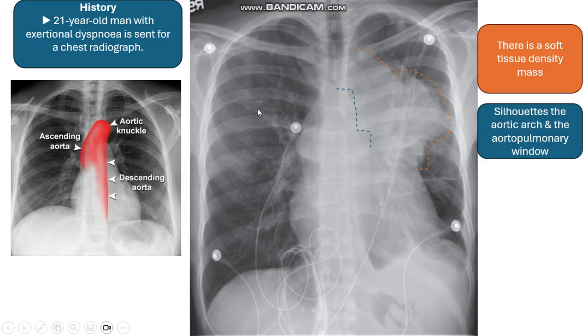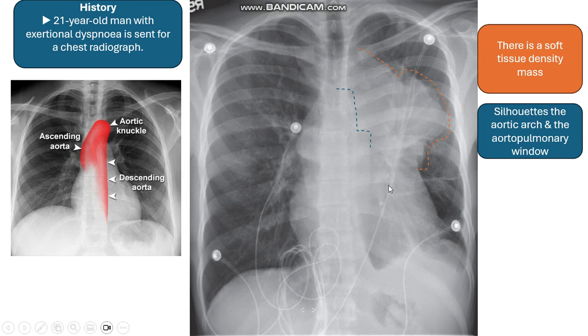Next sign or next criteria, can you see this hilar vascularity? Yes. You can still see the hilar vascularity through this soft tissue density. This is called the hilum overlay sign.